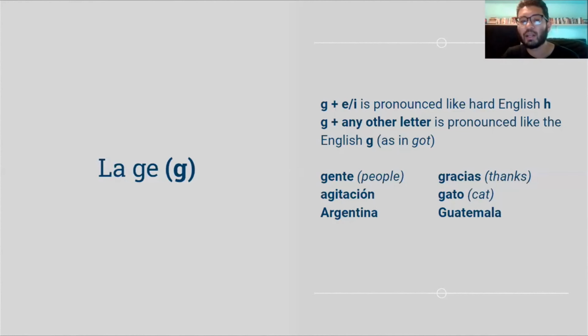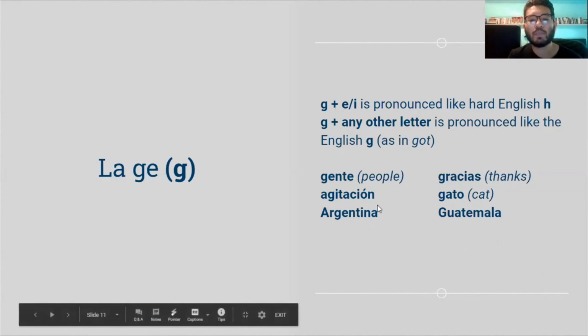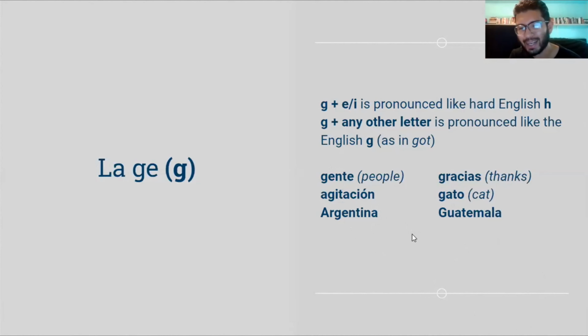Whenever we have the letter G next to the vowels E or I, we pronounce it as the English H. Corresponding to that sound, we have three examples here. Gente, gente. Again, when we see G next to the vowel E, we reproduce the same sound that we give the English H.